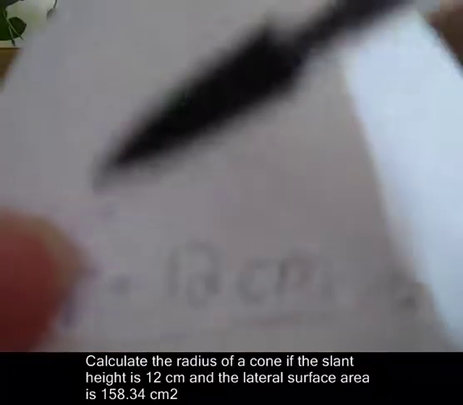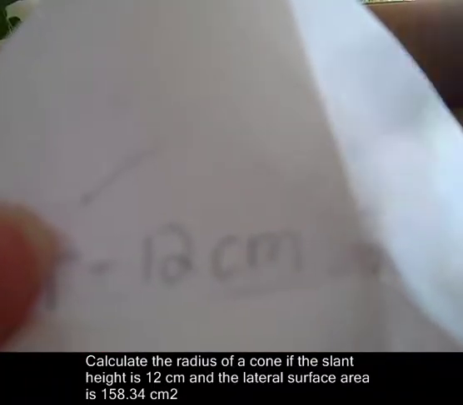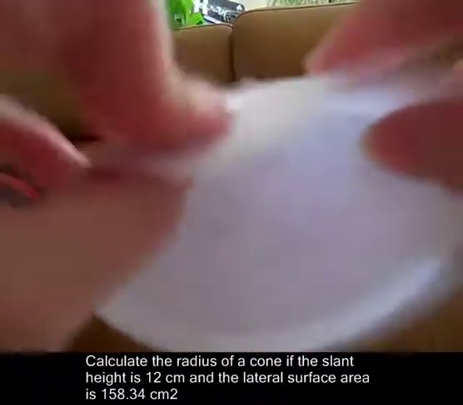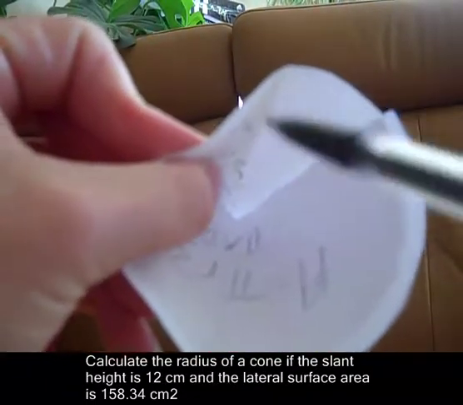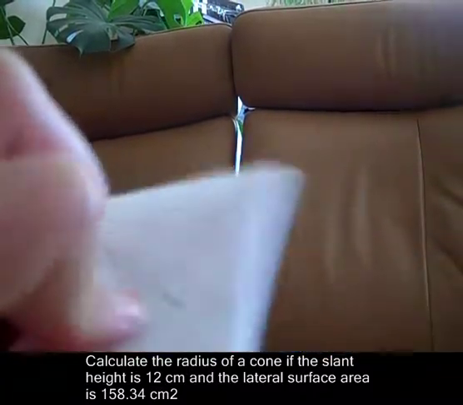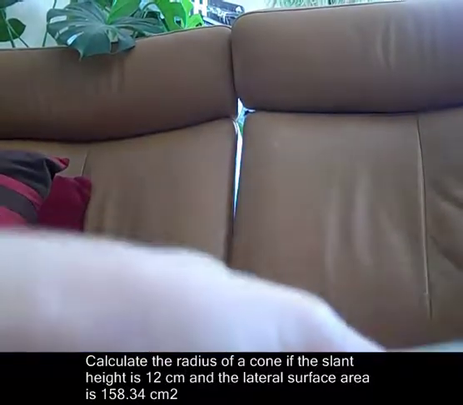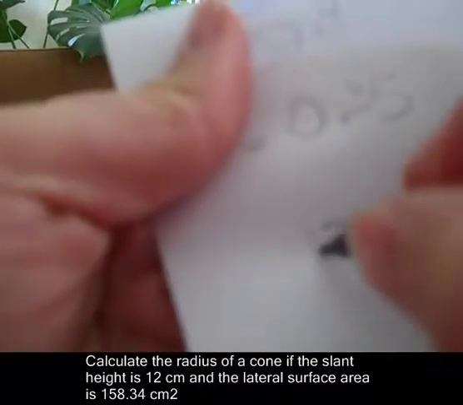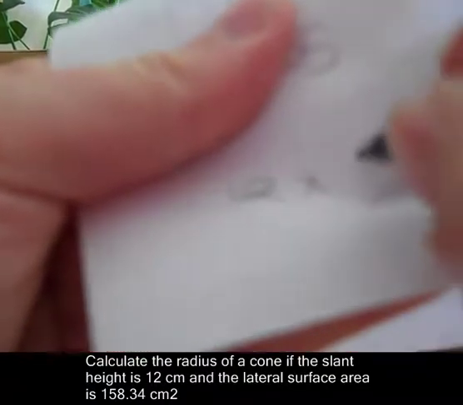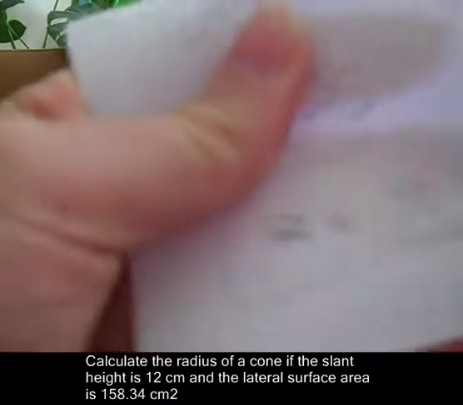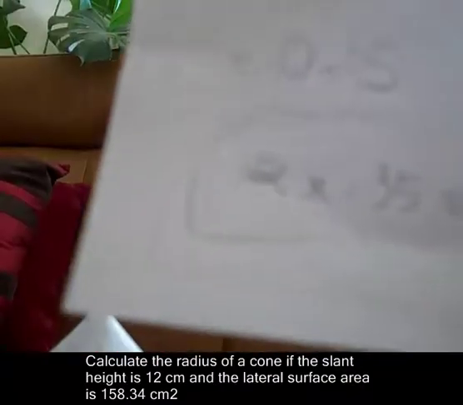So, since our radius of the full circle is 12, that means the radius of the cone is going to be 35% of the 12. So then you can say, take 12, if you can read that, times 0.35, and that will give you the radius of the cone.